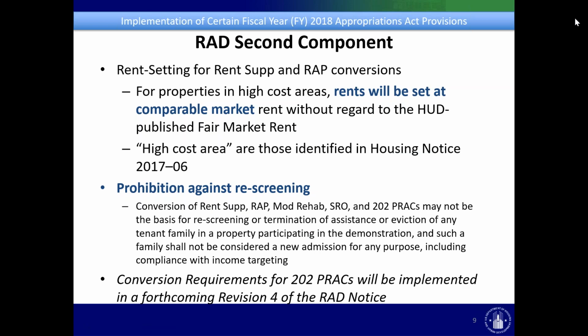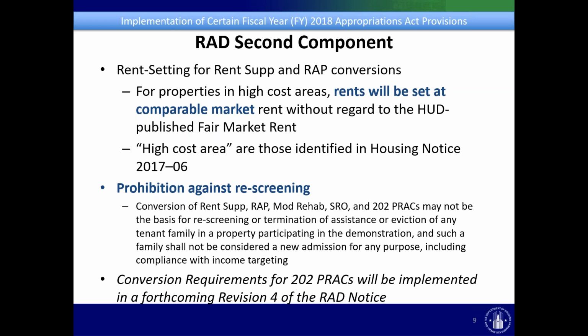Okay, moving on to the second component of RAD. There were three important changes that the FY18 Appropriations Act made on the second component. The furthest reaching one, this Federal Register Notice doesn't address at all. That's actually the third bullet on this page.